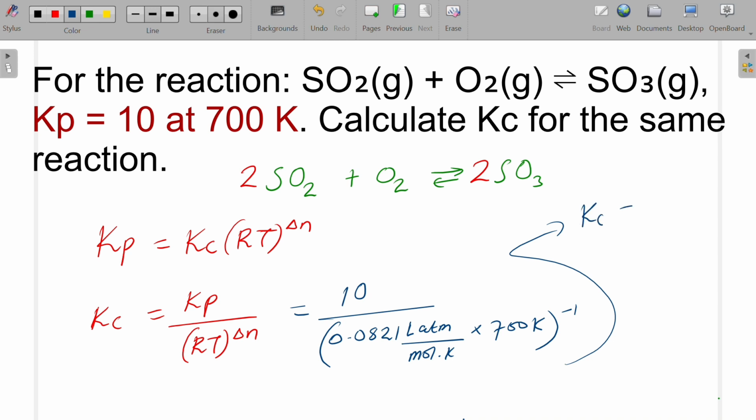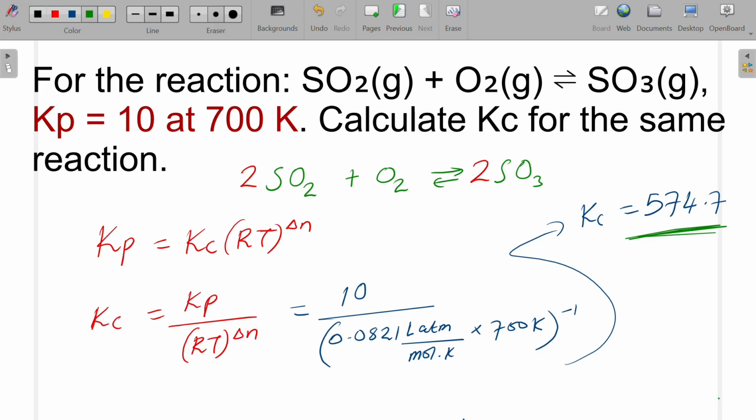So this implies my Kc is equal to 574.7. Yes, so there we have it. Our Kc value is basically 574.7.